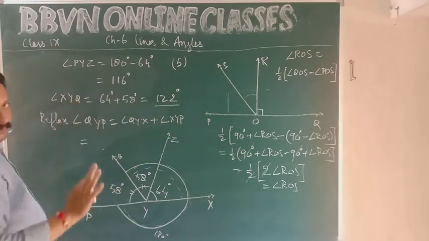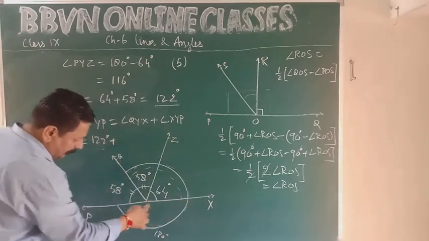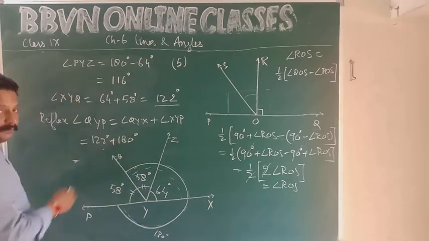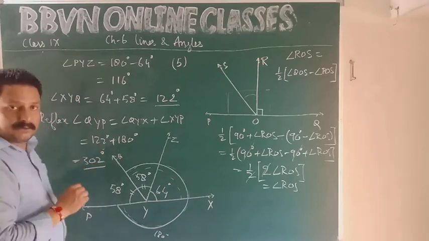QYX or XYQ, it is the same angle, 122 degrees, plus XYP is how much? 180 degrees. So 122 plus 180, 302 degrees. Got it, children?